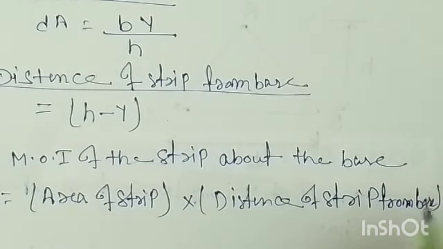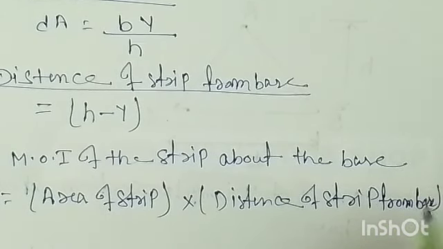Now the same triangle we have to draw here. So let's draw again, let's say this is your triangle ABC, right? This is your vertex A, B, C. The base of the triangle, let us imagine, is B, and the height of the triangle is H. Now let's say the centroidal axis is this one.